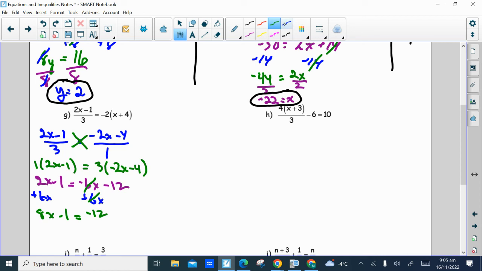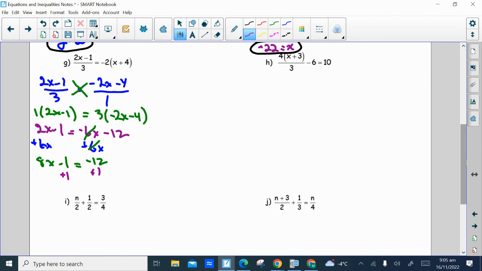And now if you add 1 to both sides, you're going to have 8x equaling negative 11, and then divide both sides by 8, and x will equal negative 11 over 8, a fraction. But that's okay, because we're going to use our calculator to help us do the check.